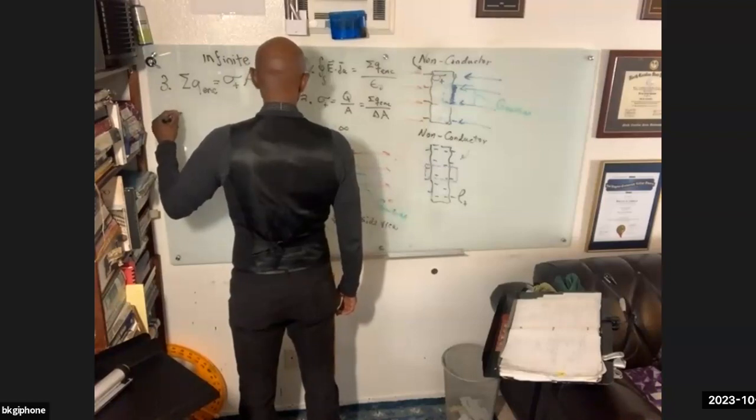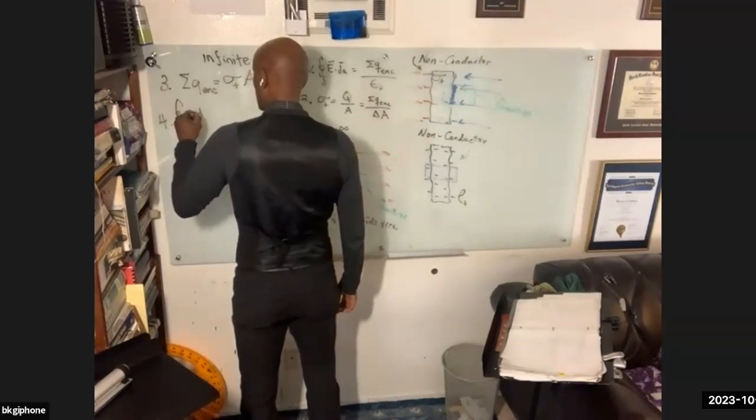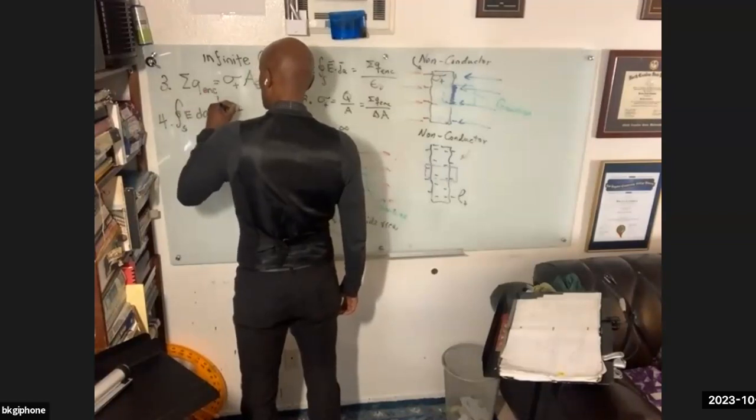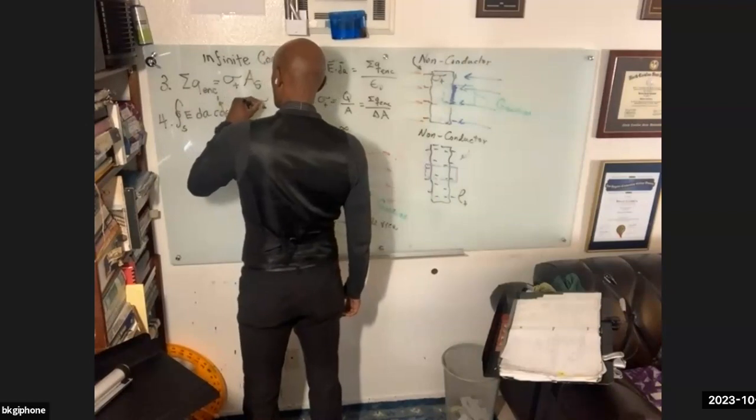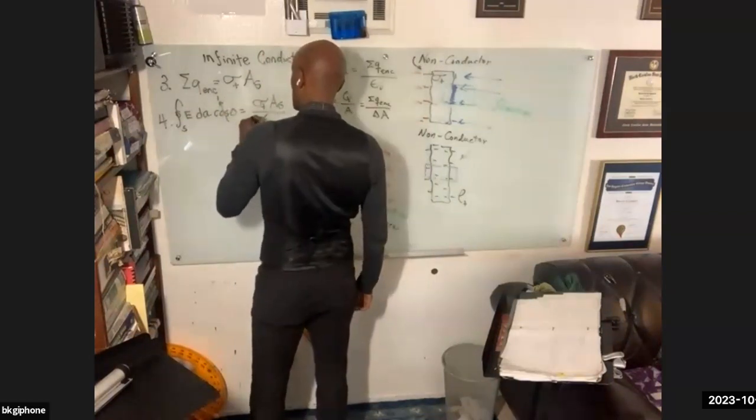And so I'm going to have basically integral closed surface of E dA cosine of 0, which goes to 1, equals sigma plus times the area of the Gaussian over epsilon naught.